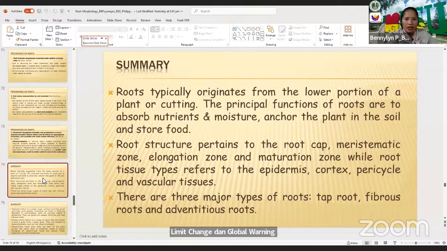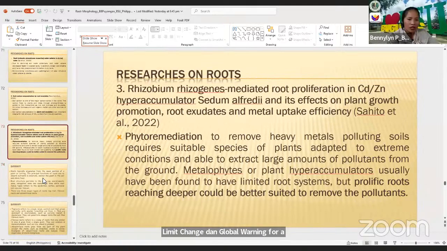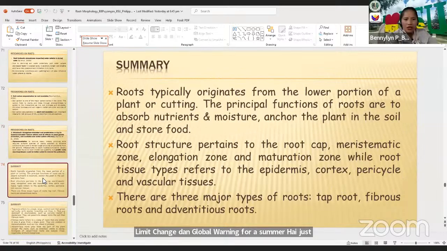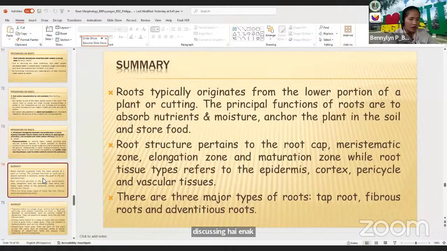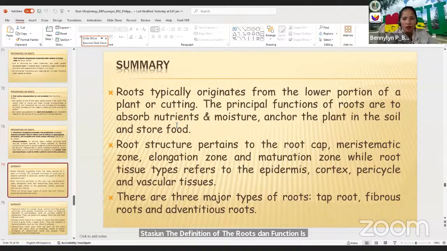For summary, just to have a brief summary. So we're actually done with the discussion. So just to summarize what we have been discussing and to review the discussion. So we have here the roots, the definition of the roots as the lower portion of the plant, and function is absorption of nutrients, moisture, to anchor the plants in the soil and store food.